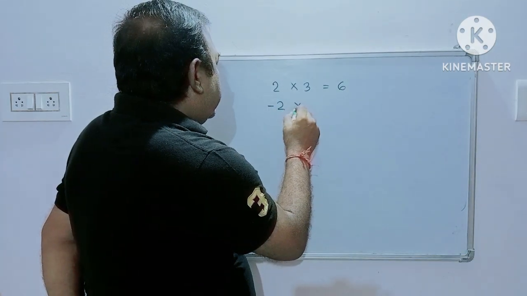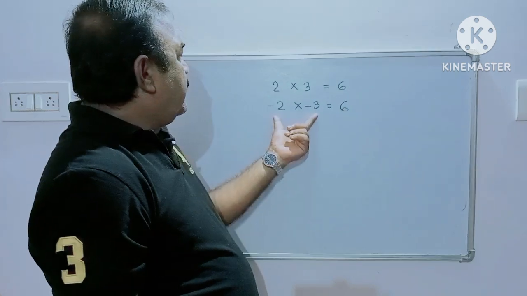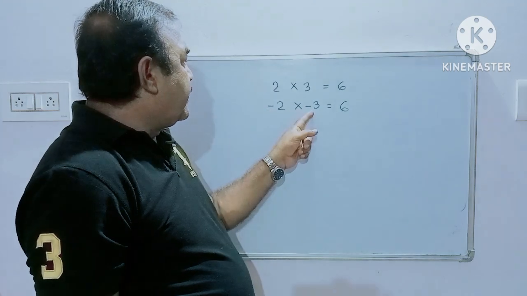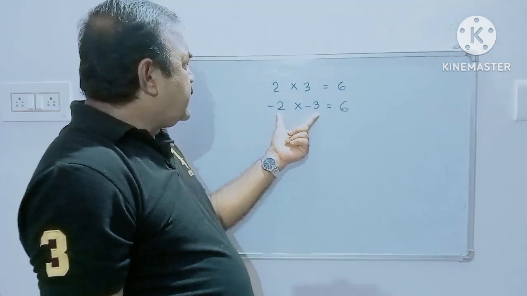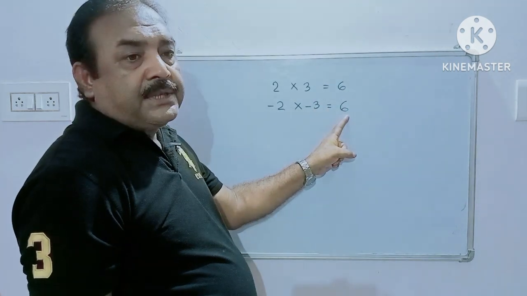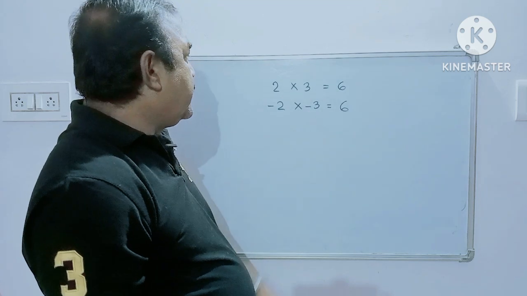Minus 2 into minus 3 is also equal to 6. Both the integers are with the same sign. So if the integers of same sign are multiplied, then the product will be a positive number. Always remember this.